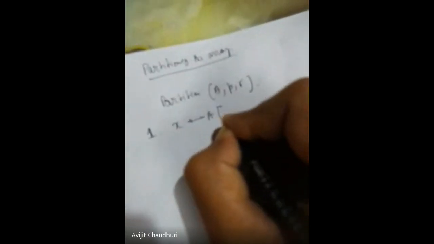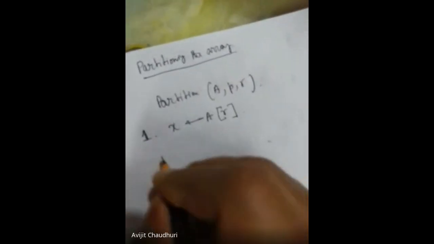Partitioning the subarray. Partitioning procedure actually rearranges the subarrays in place. So our procedure is partition A, P, R. Step 1: we take the value x equal to A of R, the right side element.